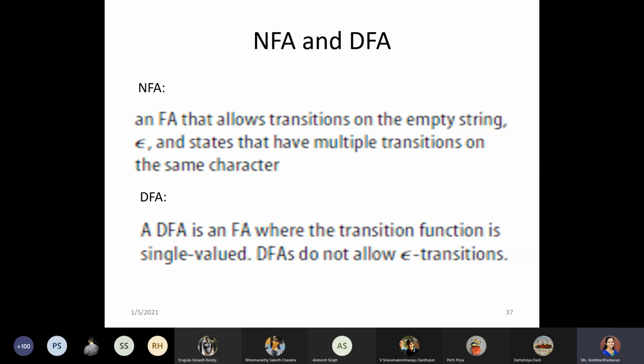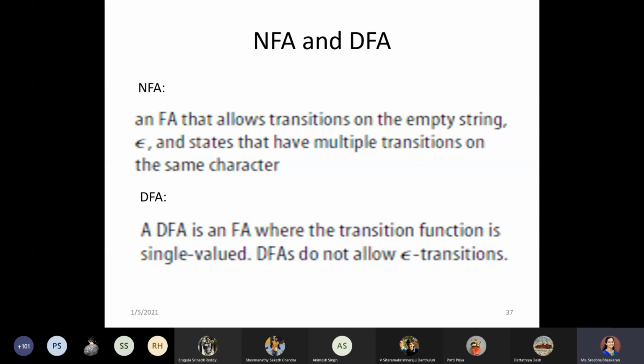Along with that, we can have multiple transitions with the same symbol. With respect to the same symbol, we can have multiple transitions. That is also allowed in NFAs.